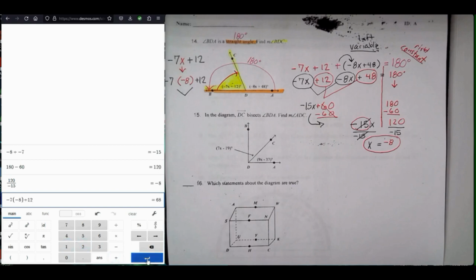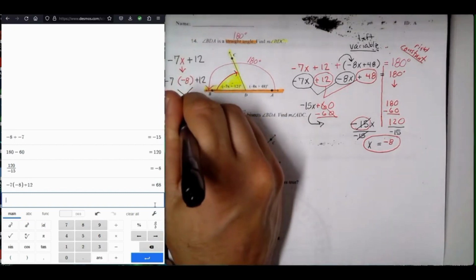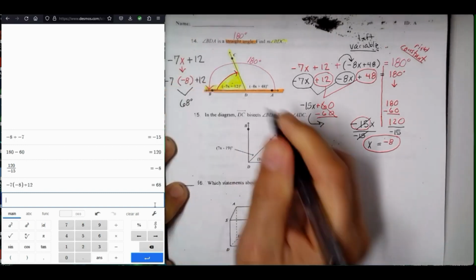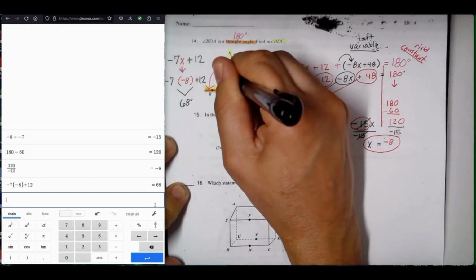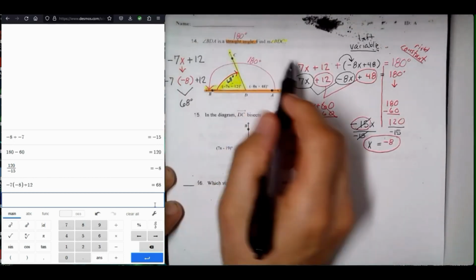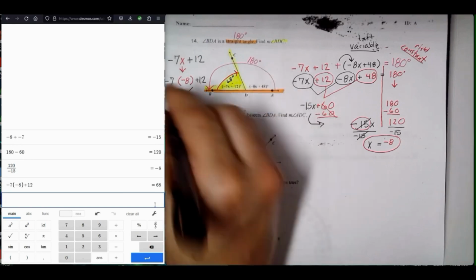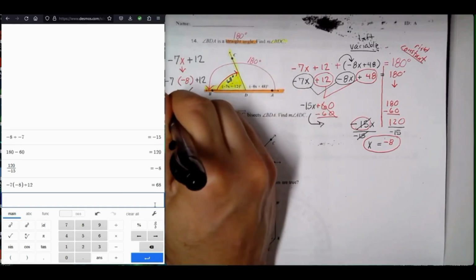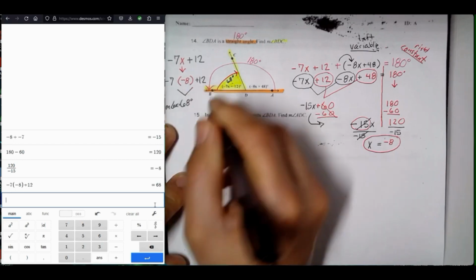And let the calculator do all the work, and it gives me 68. So I know the answer to this is 68 degrees. So this angle inside of here is 68 degrees. So I want to find the measure of BDC. So I'm going to put the measure of angle BDC is equal to 68.